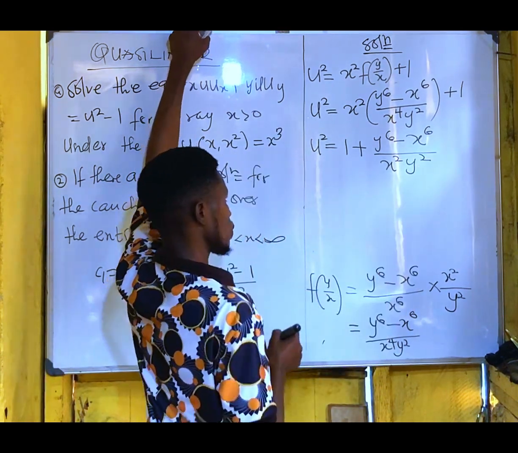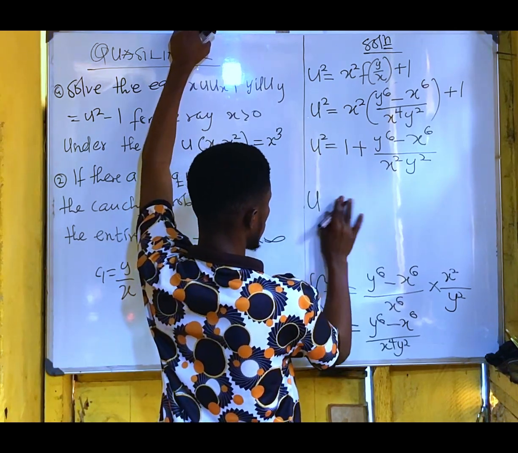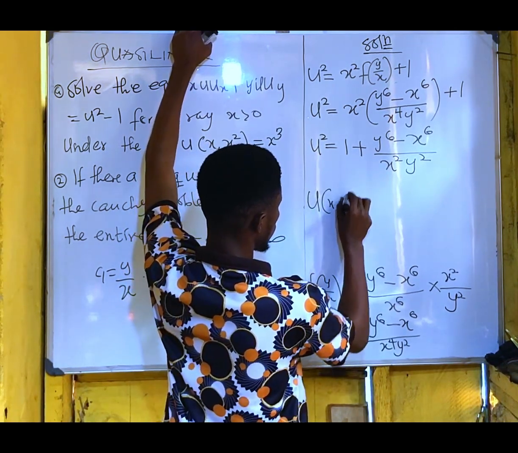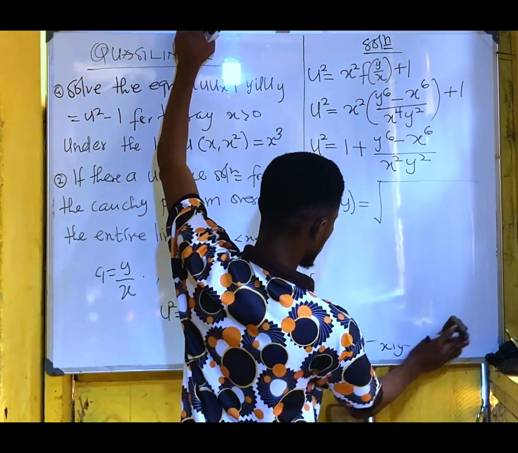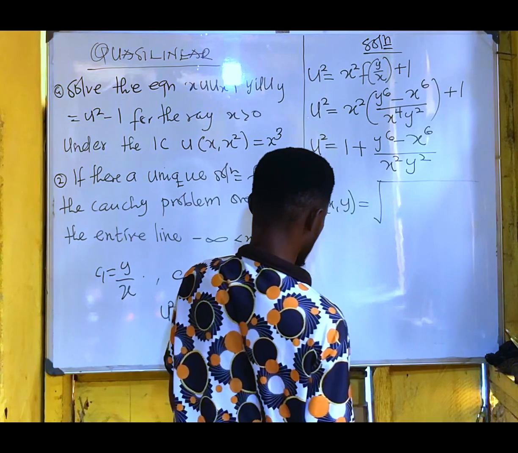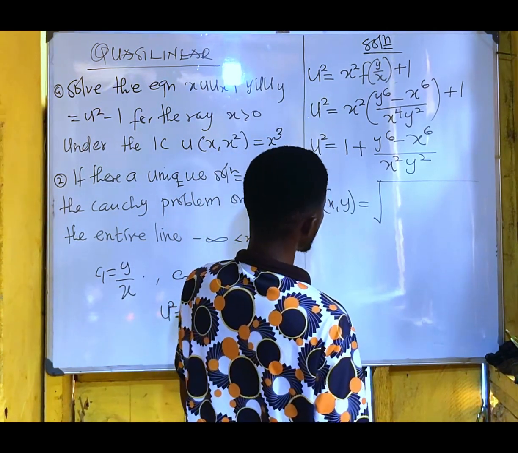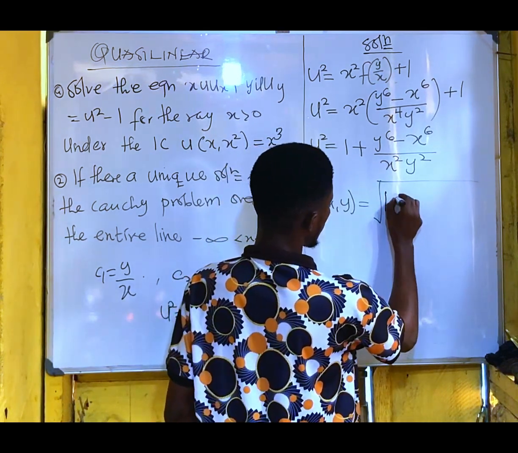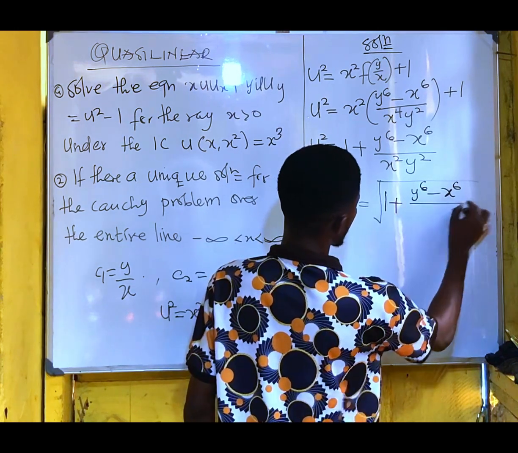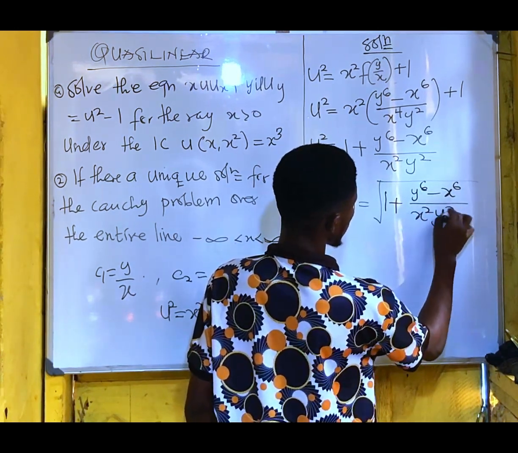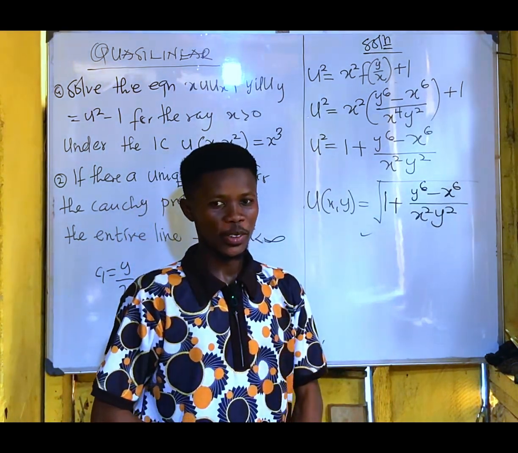Is that okay? So now you can take the square root to get our function u to be the square root of 1 plus y to the power 6 minus x to the power 6, all divided by x squared y squared. So this becomes our final answer to this question.